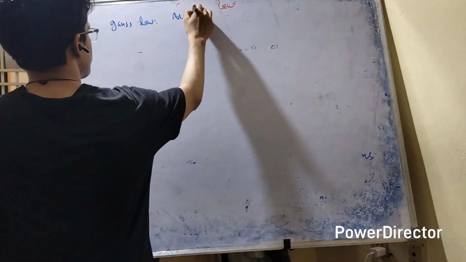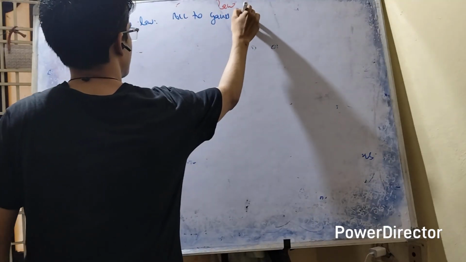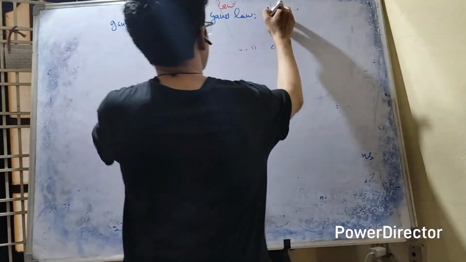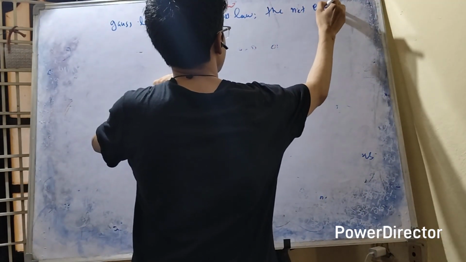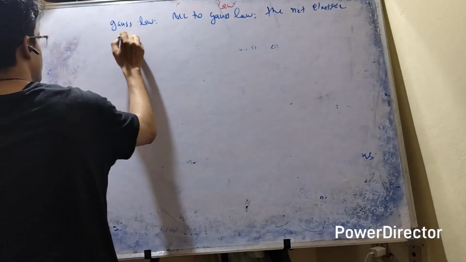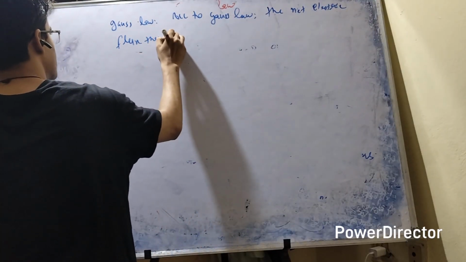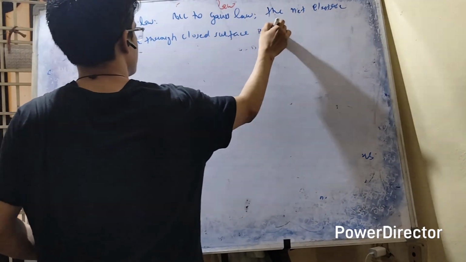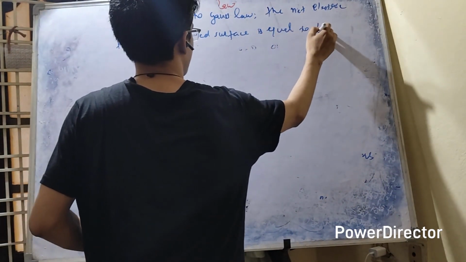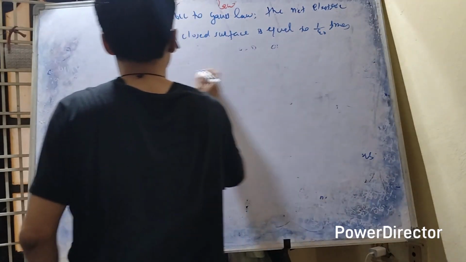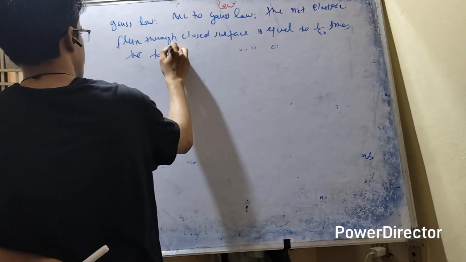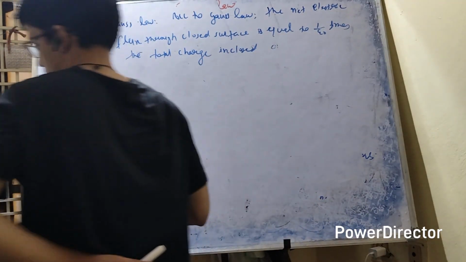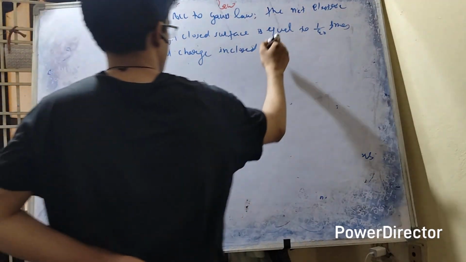According to Gauss law, the net electric flux through a closed surface is equal to 1 by epsilon times the total charge enclosed by that given surface.